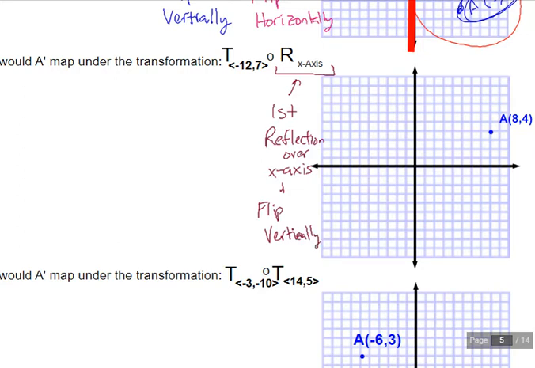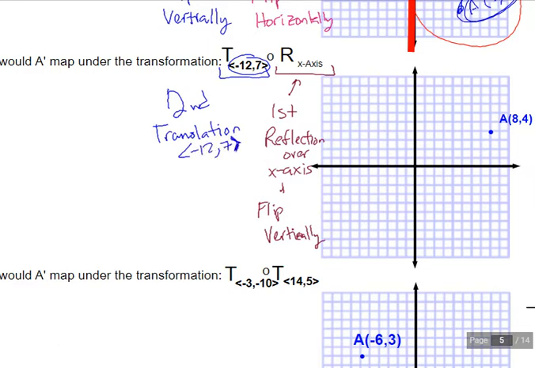All right, second thing. Okay, looks like we have a translation because we're given a vector. So this is going to be the second thing we do. So a translation along the vector <-12, 7>.